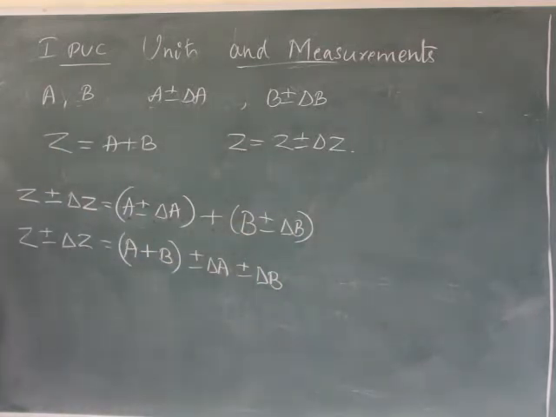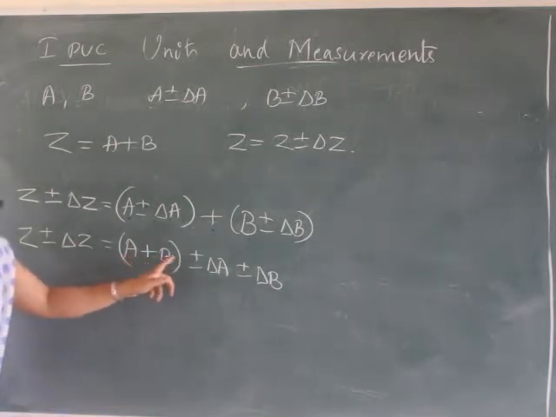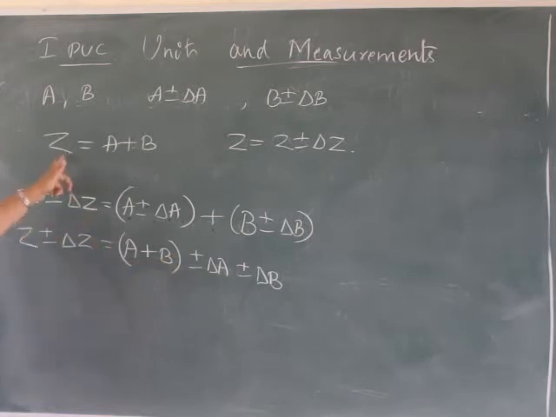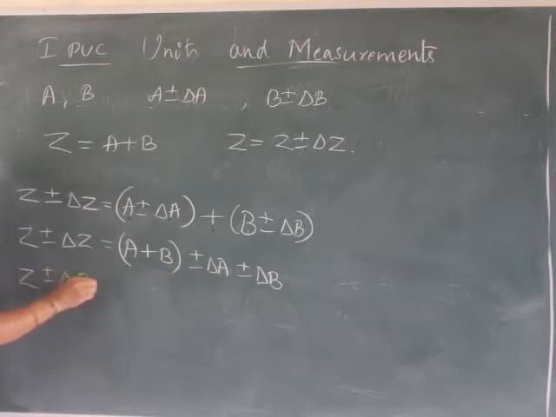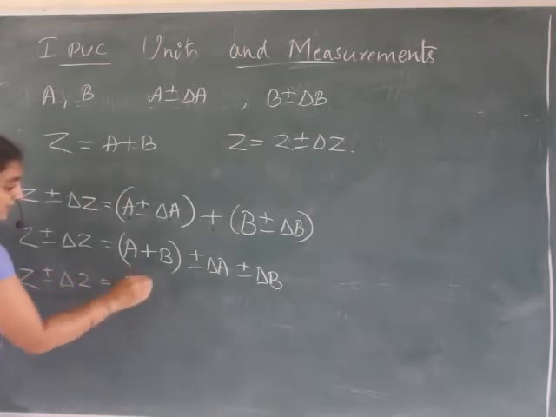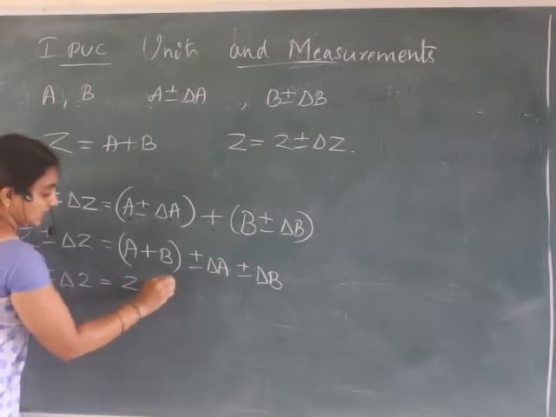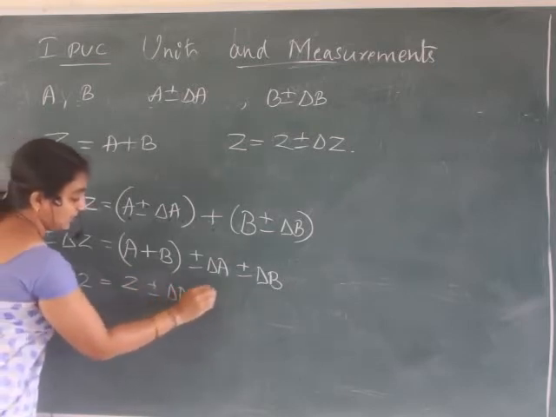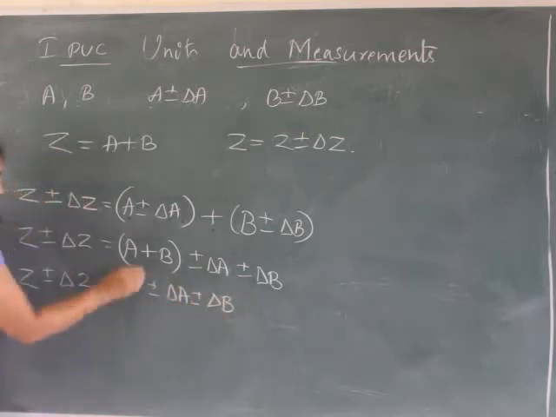So from this, can you help me for the next step? In the place of A plus B, I can write Z. Correct? So Z plus or minus delta Z equal to Z plus or minus delta A plus or minus delta B. Now Z will get cancelled.